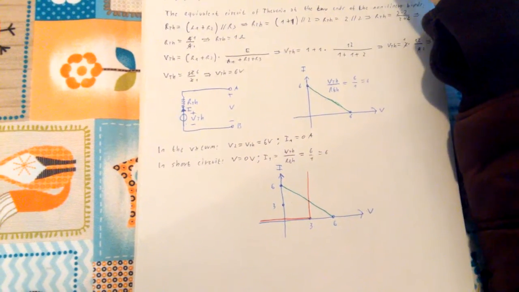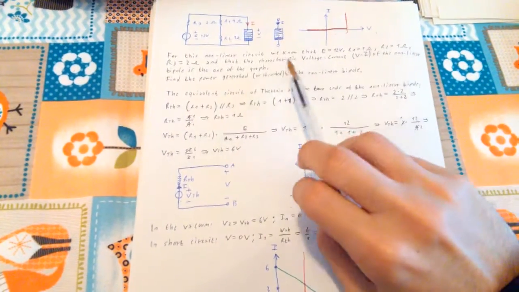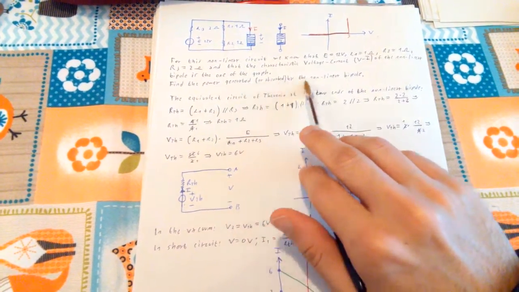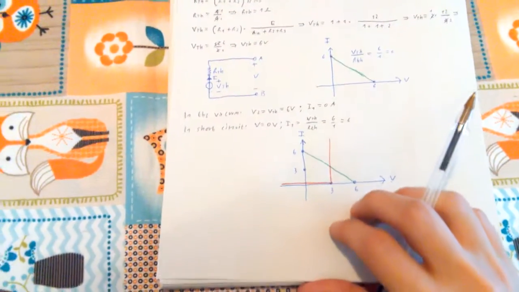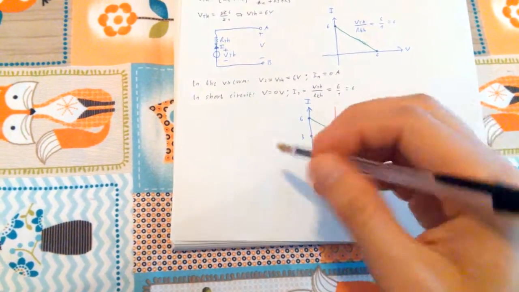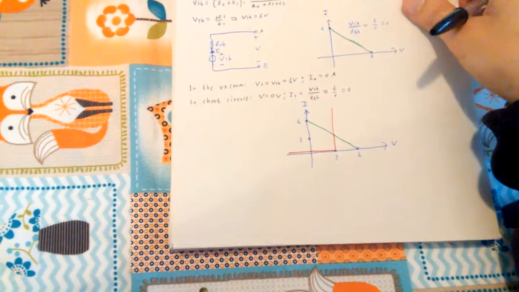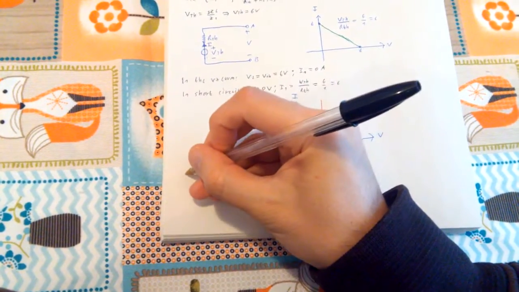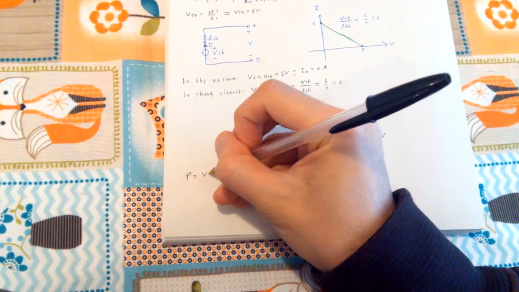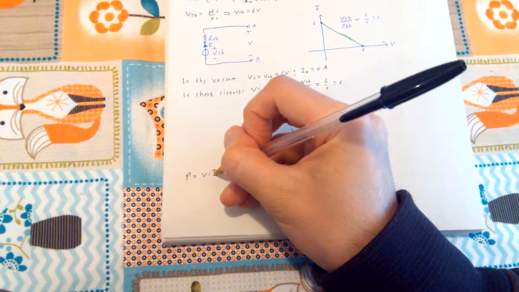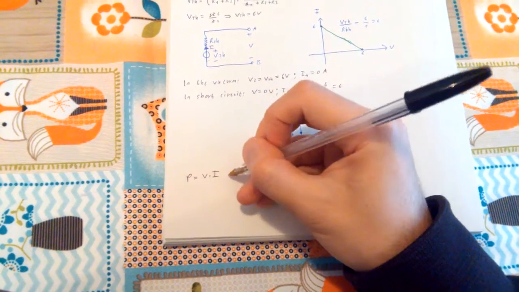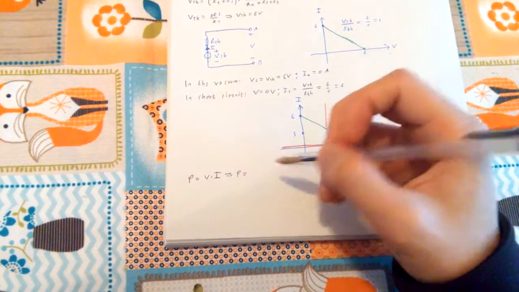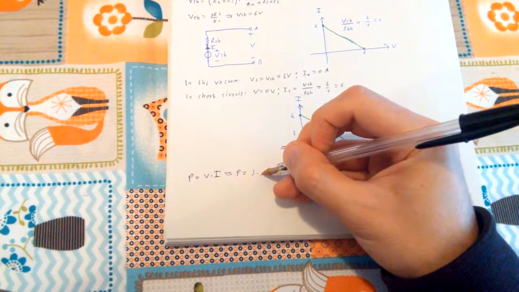So the problem is actually asking me the power generated or absorbed by the non-linear bipole. So the power is going to be V times I. If I plug numbers back into this, it will be V times I, so 3 times 3.